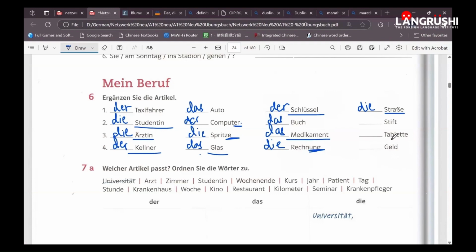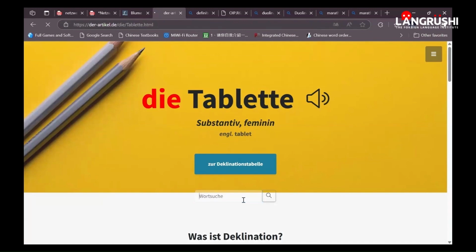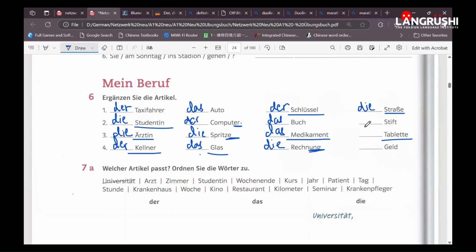Let's do one more feminine. Tabelle. No, tablet, right? Die, again feminine. Okay, so it is here. Now let us look at Stift. Pen. Sugandha, Stift. Yes.